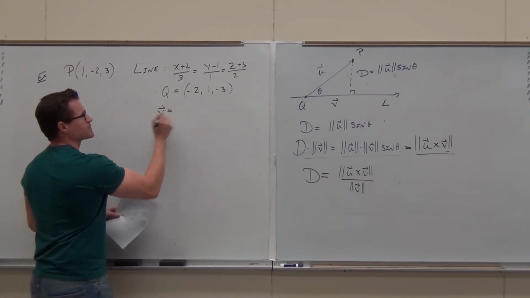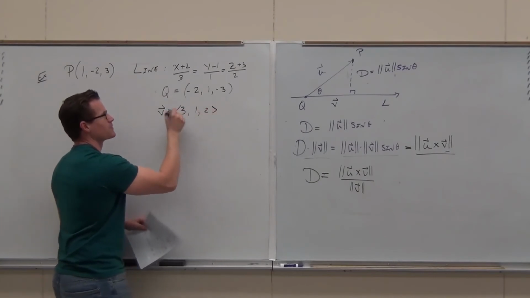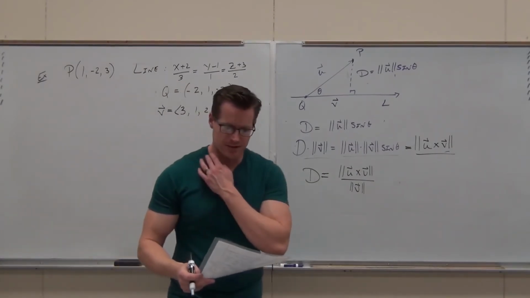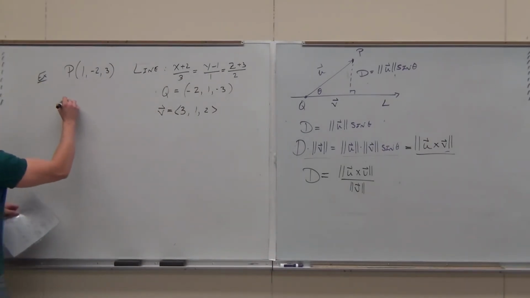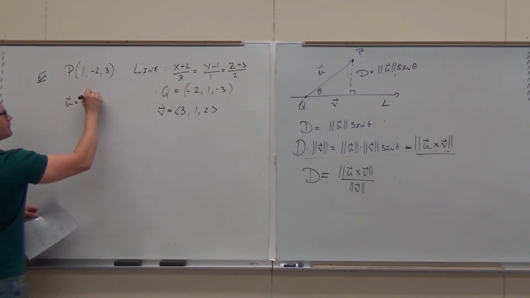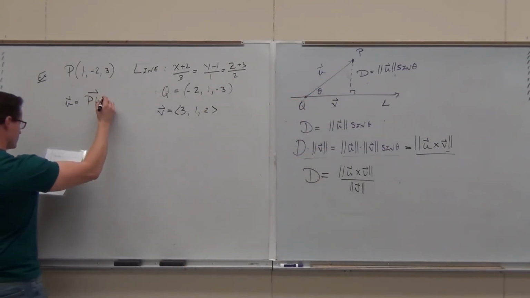We also need a vector. The vector is really easy. I love vectors from that form of a line. You just read the denominator, that's the vector. We also need a vector from Q to P, or P to Q, doesn't matter.